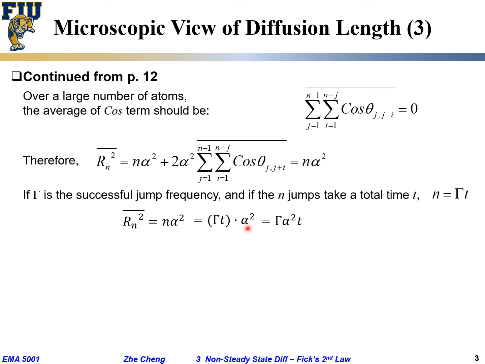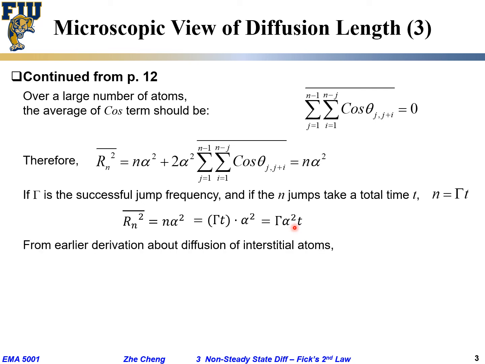Put alpha squared and gamma together. Our displacement squared average becomes gamma, how frequently a successful jump, times the distance for one jump squared, times t. Okay, this is what we have.